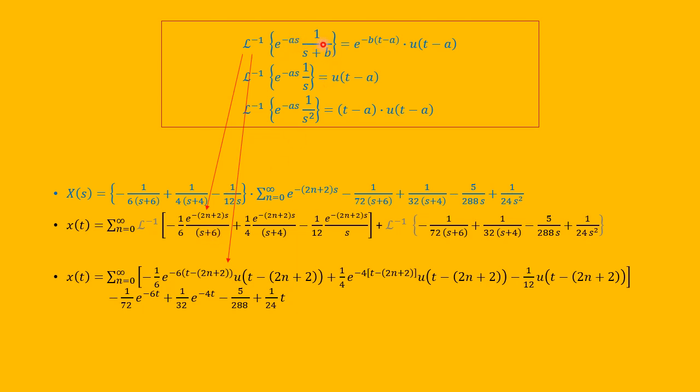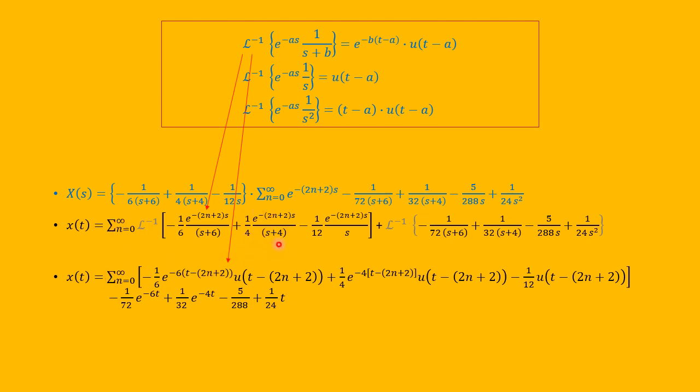And our inverse Laplace transform formula for that was e to the minus b times the quantity t minus a, times the unit step function evaluated at t minus a. So the inverse Laplace transform of this term is just going to be that factor of minus 1/6 out front, and then e to the minus 6 times t minus the quantity 2n plus 2, times u of t minus the quantity 2n plus 2. And here we have e to the minus 6 times this whole thing here too. Of course we have that sum out front.